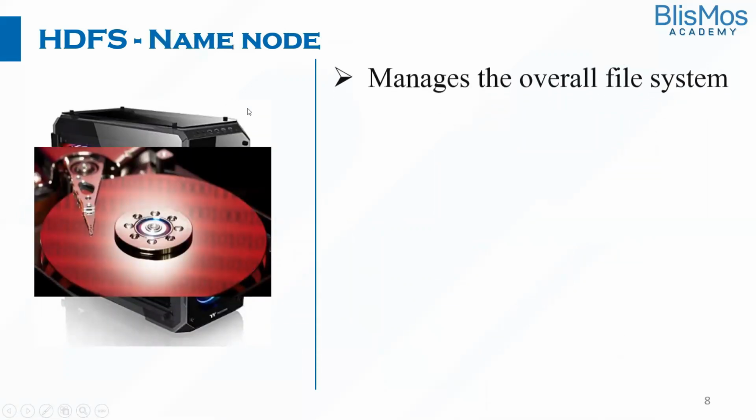What are the different things done by a name node? Name node manages the overall file system. We know that the data is distributed across different systems, maybe 20 systems or 100 systems or 1000 systems, depending upon the project you are handling. So the name node is the one managing the overall file system, a file which is distributed across the different data nodes.